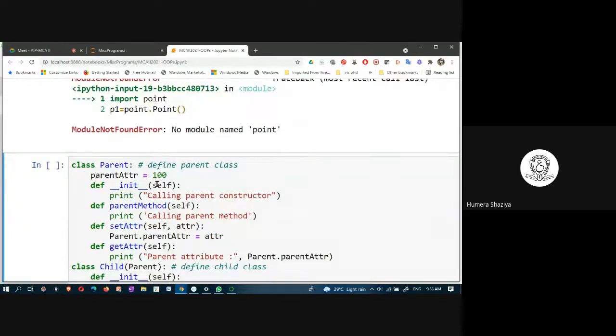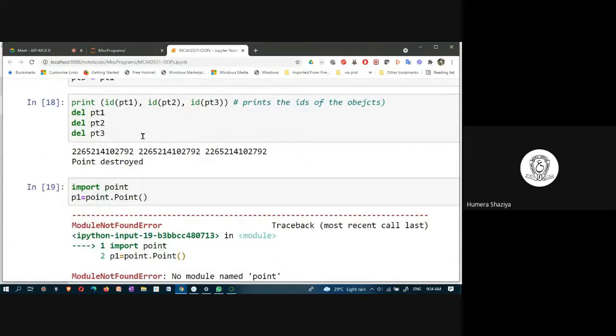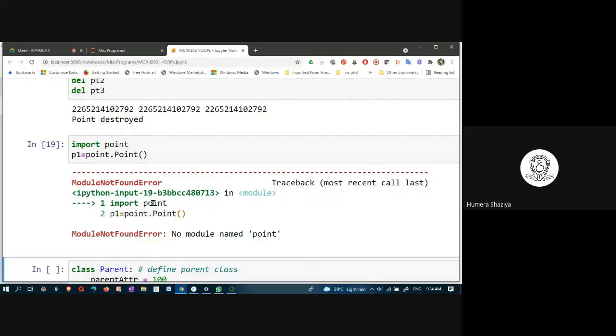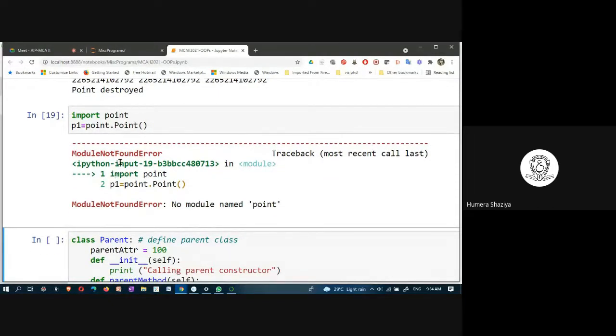This will not execute here because this is a Jupyter notebook. If you save this in PyCharm with a point.py file, then this would work when we do it through traditional Python files.